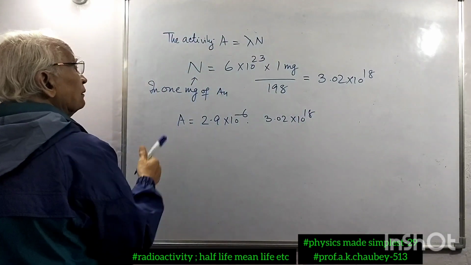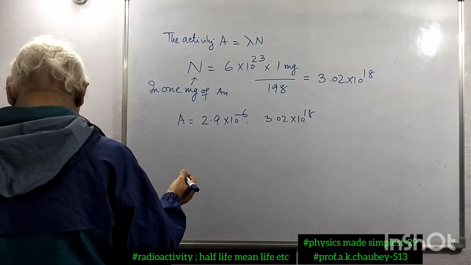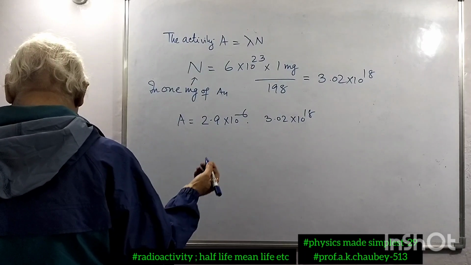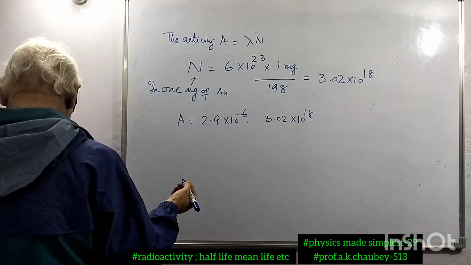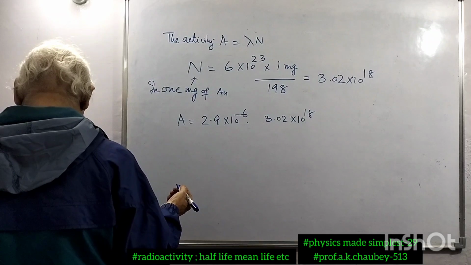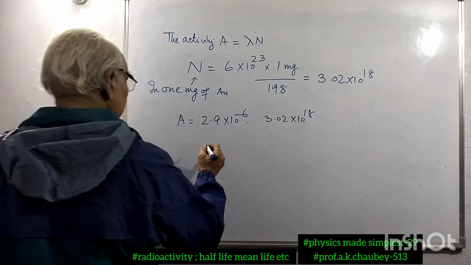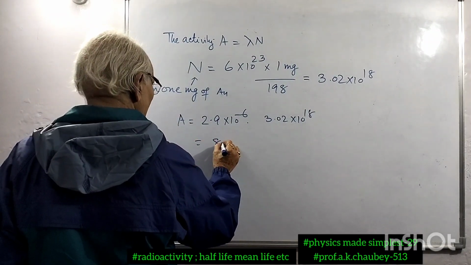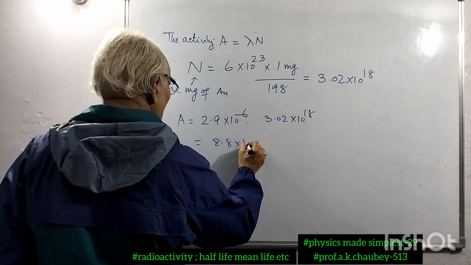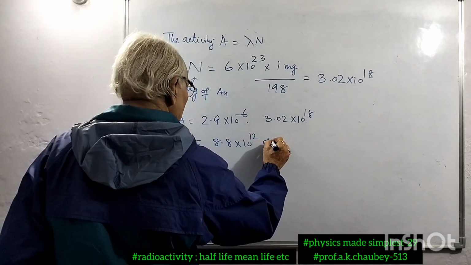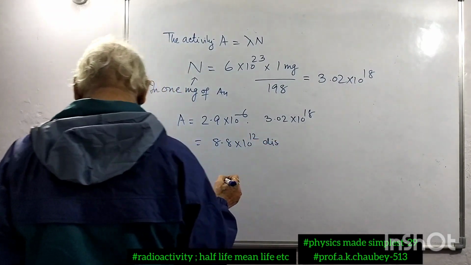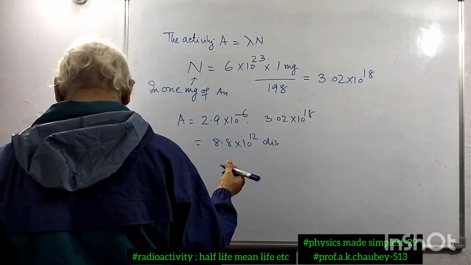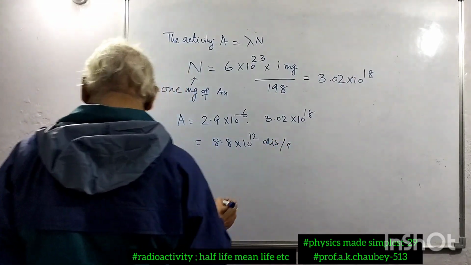Multiply this and you will get the activity equal to 8.8 into 10 to the power 12 disintegrations per second.